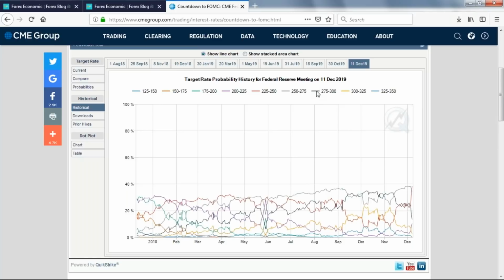And you can see that they're all just dipping lower. All these lines are heading in the wrong direction, having grown quite a lot over quite a long period of time.